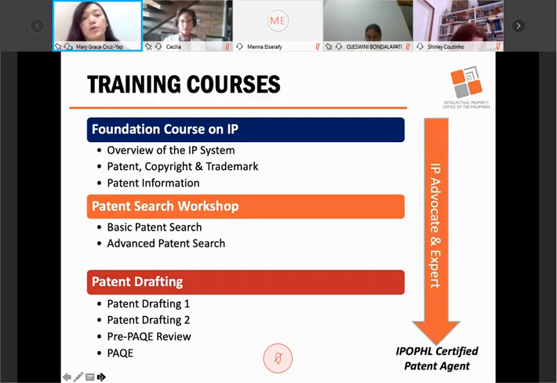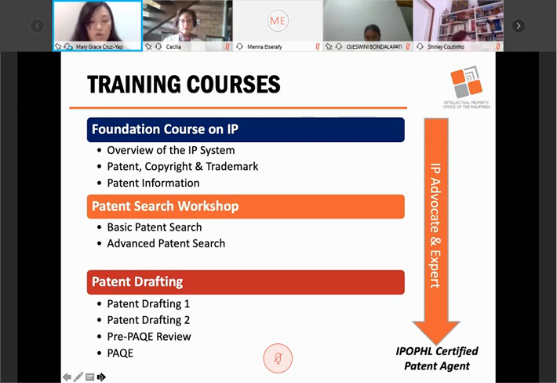So what does the Intellectual Property Office of the Philippines do in order to make these ITSOs function to the best that they can? We have different levels of training, from the foundation course to higher levels of training in patent search, all the way to patent drafting. We hope that by first making advocates of the ITSO management team, and then by training them, capacitating them to do all of these services for their community, they will become IP experts.